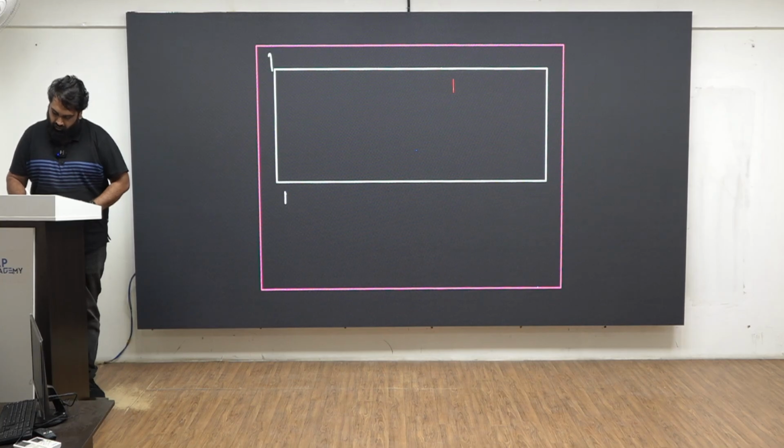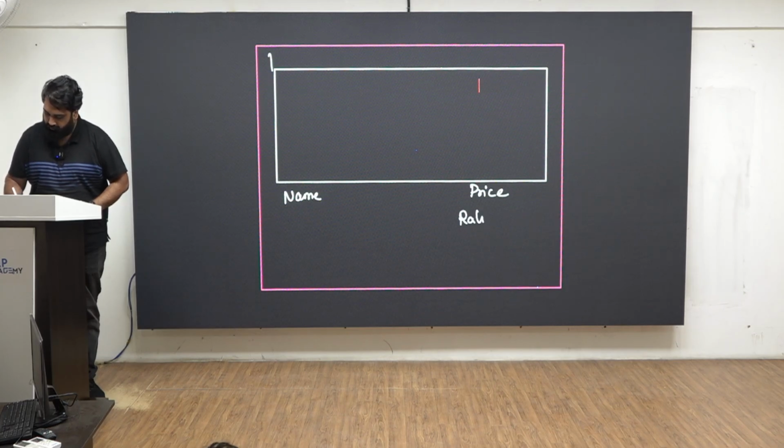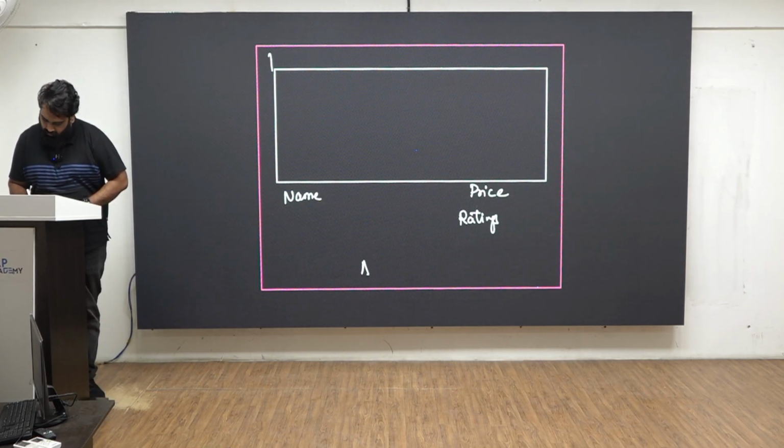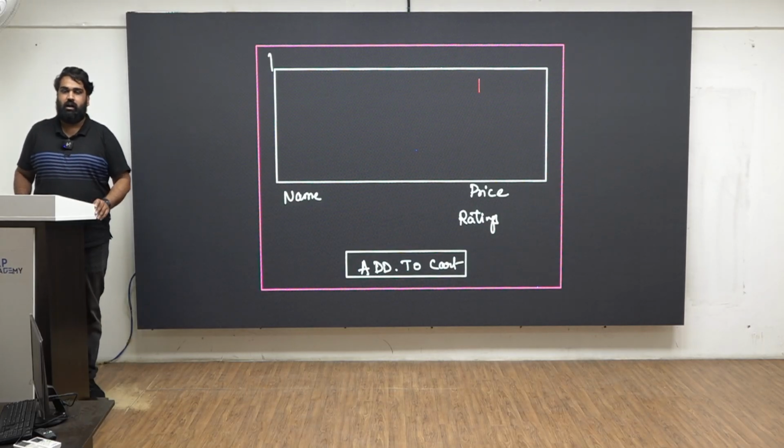Then name of the item, price of the item, ratings of the item, etc. And then there is an add to cart button.